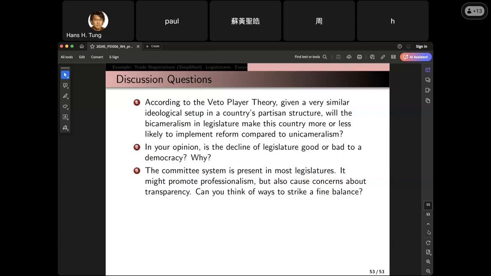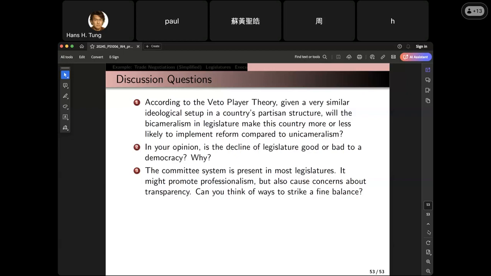If you have a division of labor among legislators, and they work in each committee, then some people, especially in Taiwan's case, spend a lot of time there. For example, they get elected for a decade or two decades, and they continue to work in the same committee. So over time, they can obviously promote their professionalism, knowing a lot of things in the field.